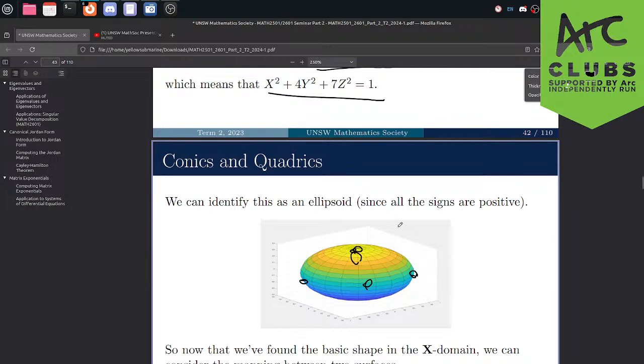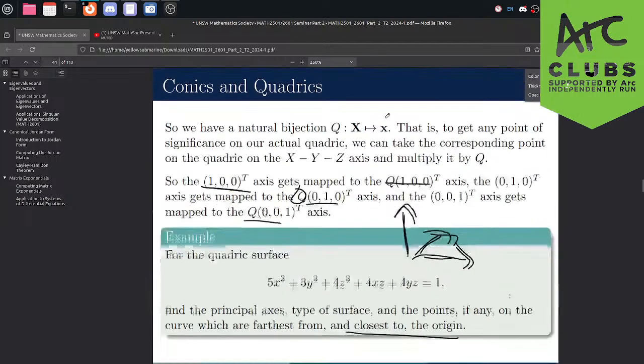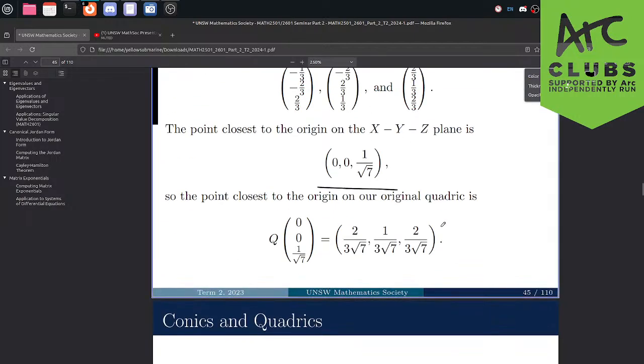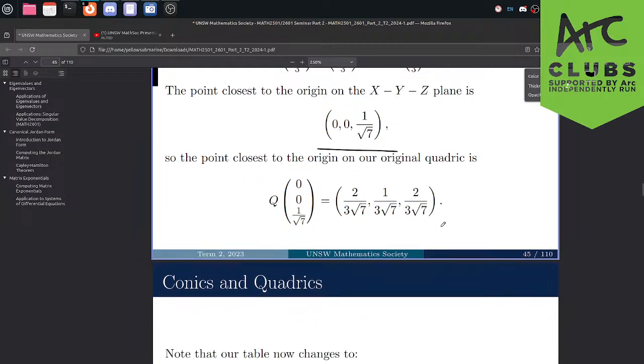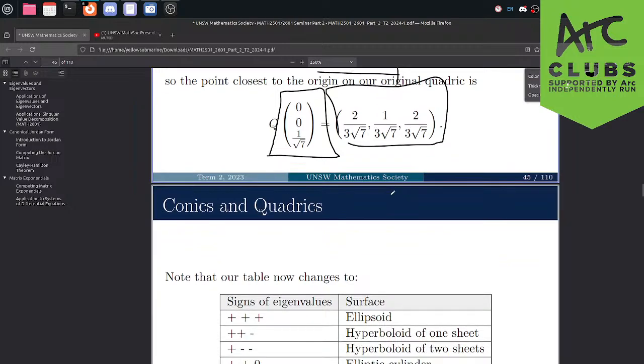It's going to be closest at either 1 on 1, 1 on root 4, or 1 on root 7, because all of these are solutions. 1 on root 7 is the smallest, so that's going to be the closest. This is the closest point for your transformed, rotated equation, so you need to perform the rotation back to get the original closest point. Cool.